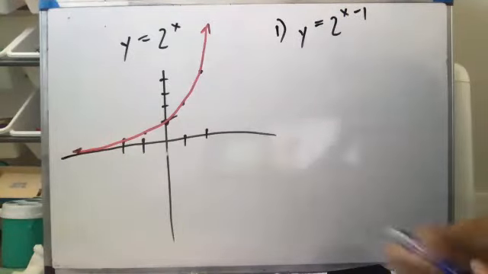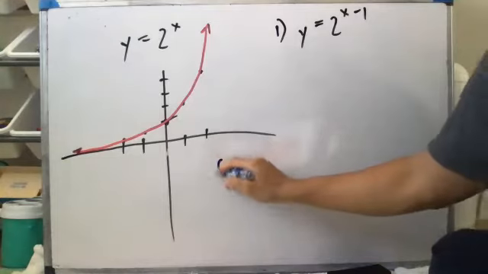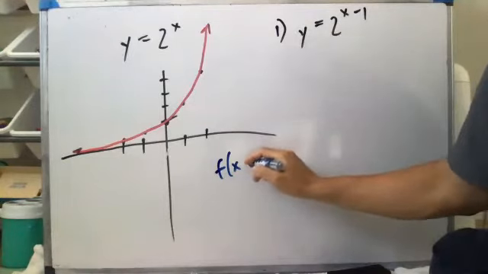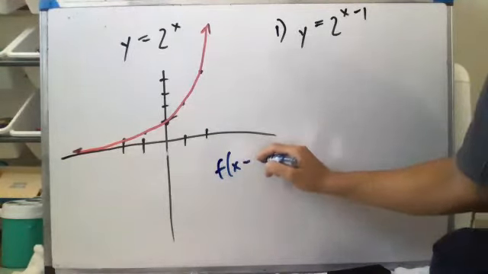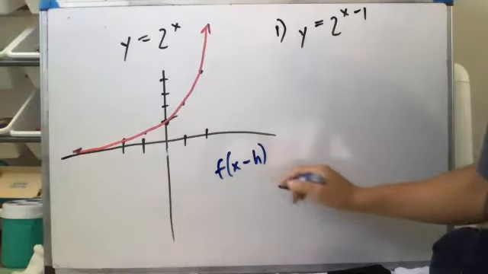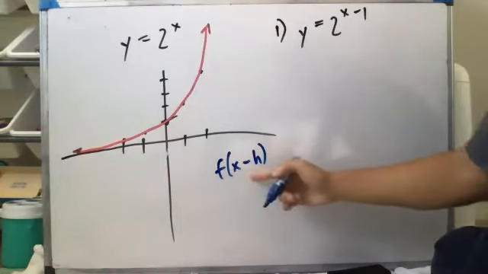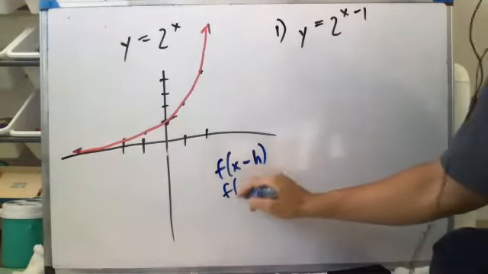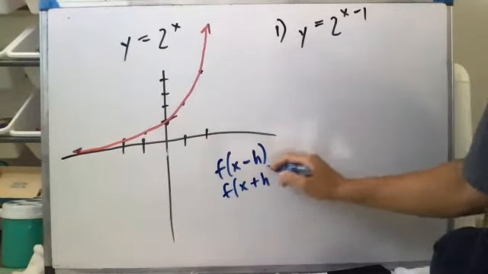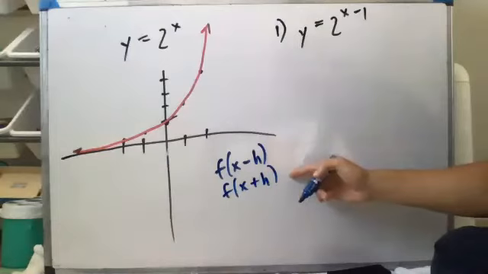There are a couple of general principles that we have to recall. If we have f of x minus a number, this is a shift to the right. If it's f of x plus a number, this is a shift left, right?